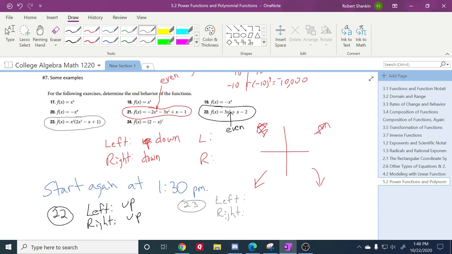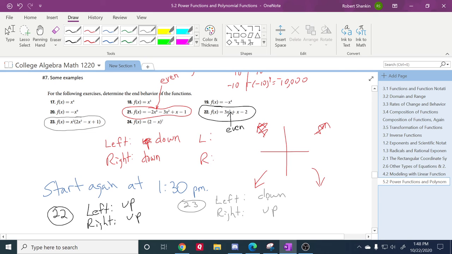All right, group 6. What's happening? We think that on the far left it is going down and on the far right it is going up. Did you say up? Yes, up on the far right.